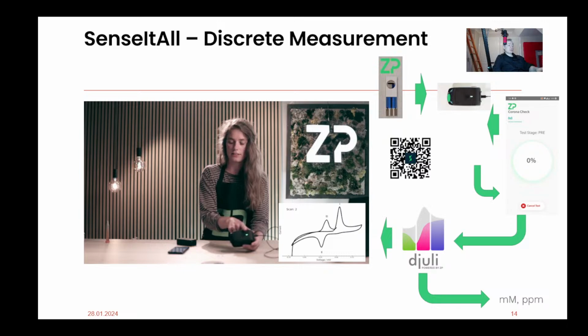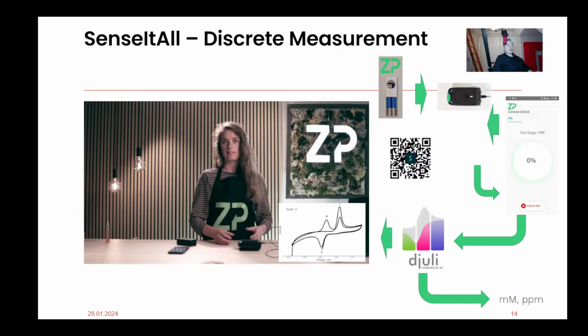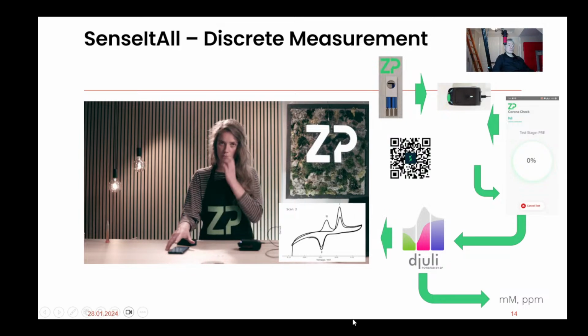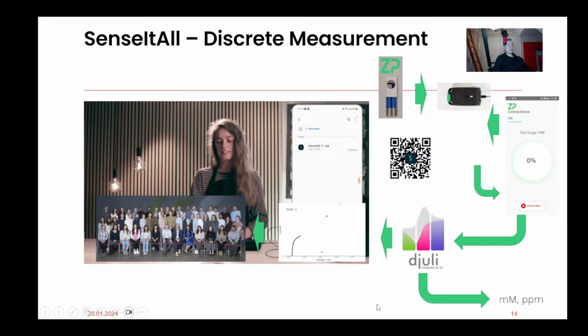So you can give it to a coffee producer, they will do the testing, they will get the number in ppm, and you as a developer, especially when you've got alpha and beta customers, will get the raw data up in your cloud. At which point you can share it with yourself, or you can share it with third parties like ZP to troubleshoot any kind of issues.